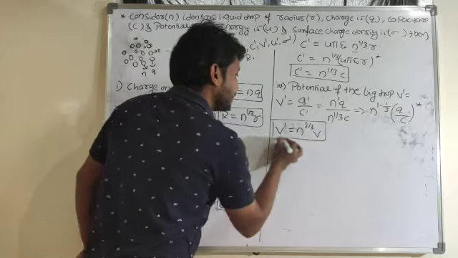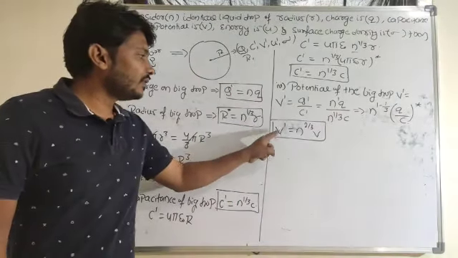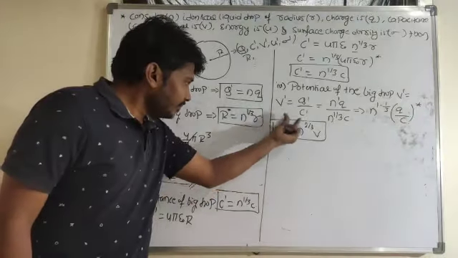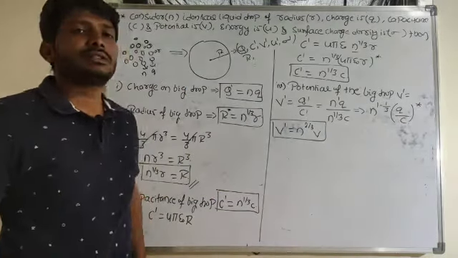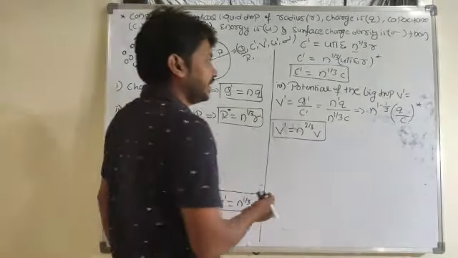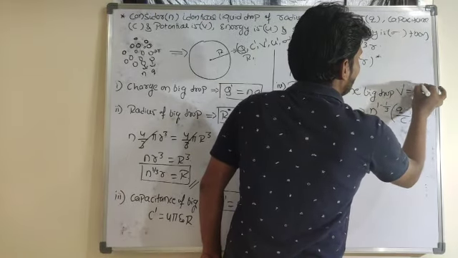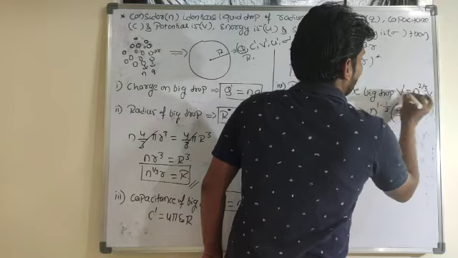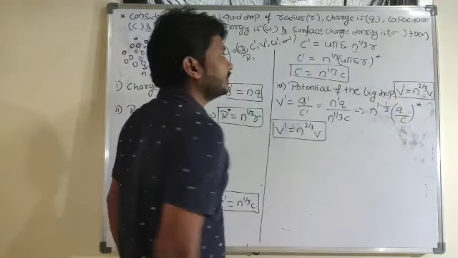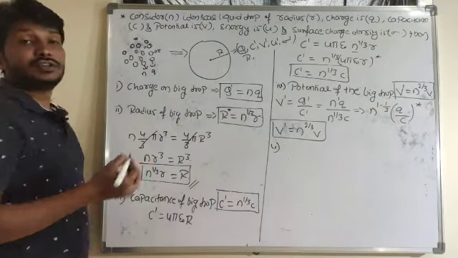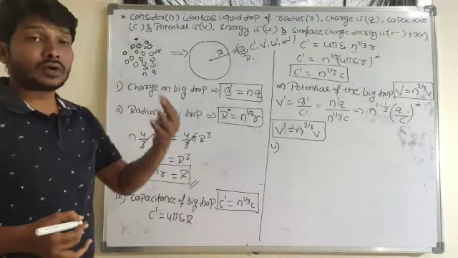So V dash is equal to n to the power of 2 by 3 into V here. The potential of the bigger drop is n to the power of 2 by 3 into the potential of the smaller drop. Similarly, the energy of the bigger drop, that is potential energy.